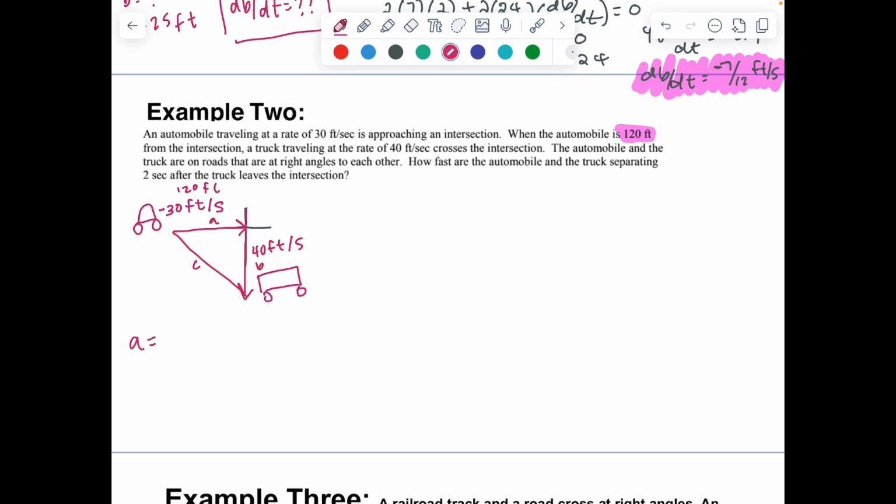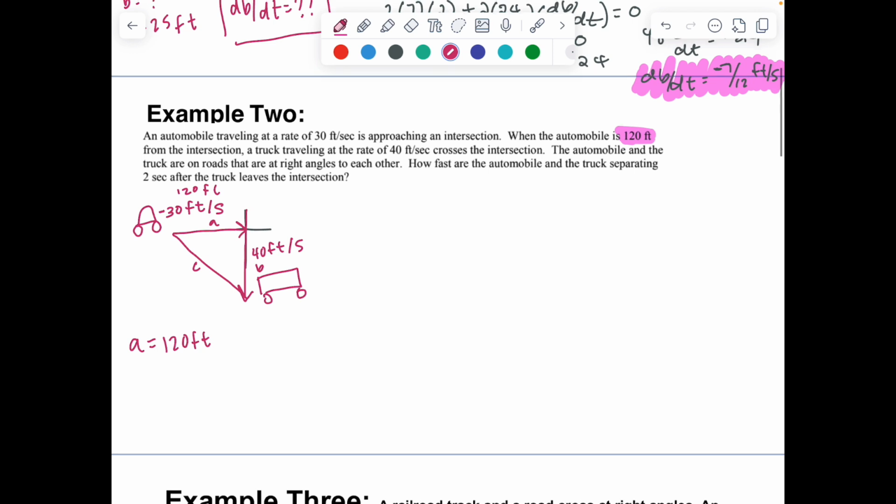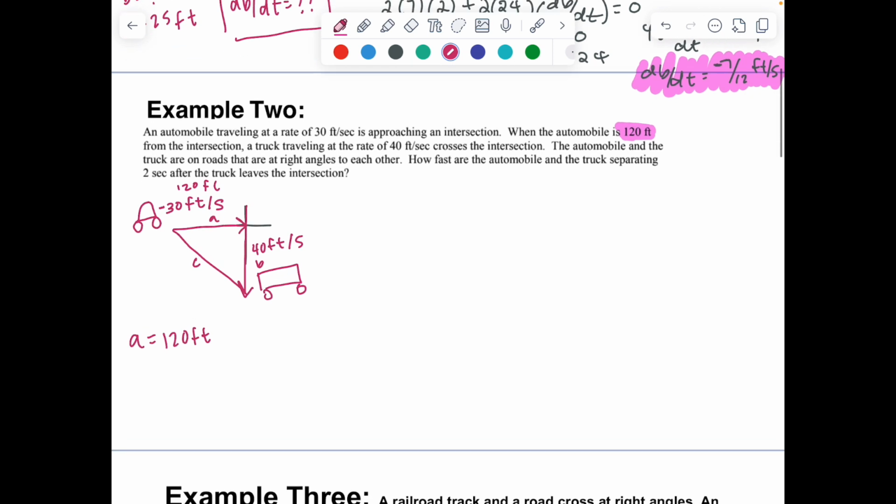So A is going to be the automobile, and A is currently 120 feet from the intersection. But it does say how fast are the automobile and the truck separating 2 seconds after the truck leaves the intersection. And so it's 120 feet from the intersection when the truck goes through the intersection. But now we're 2 seconds later. And so what is the distance the car is from the intersection 2 seconds later?